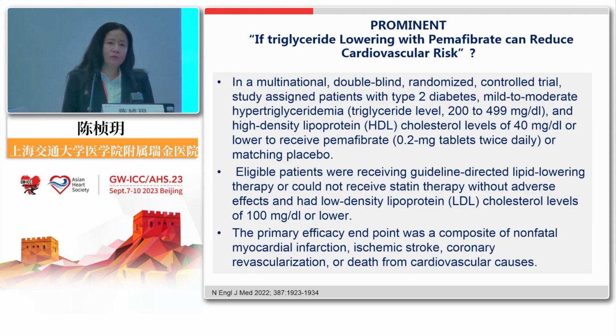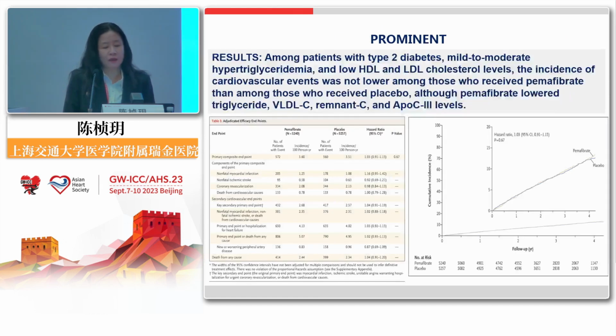We have to deal with the PROMINENT study, which is quite an argument and a hot spot recently. This study tried to explore if triglyceride lowering with pemafibrate can reduce CV risk, but unfortunately the result is negative.